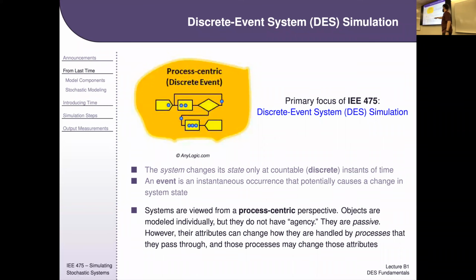And systems are viewed from a process-centric perspective. What we mean by that is that we model all of the entities individually, but we don't give the entities agency. So students in a classroom model are passive students.